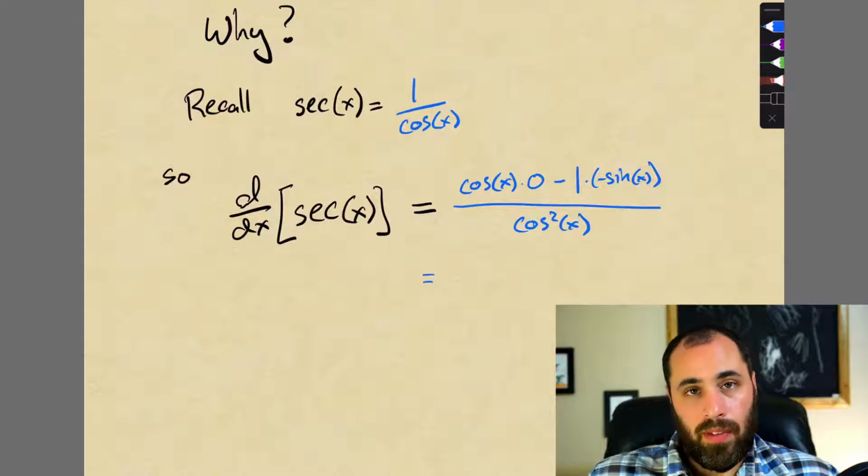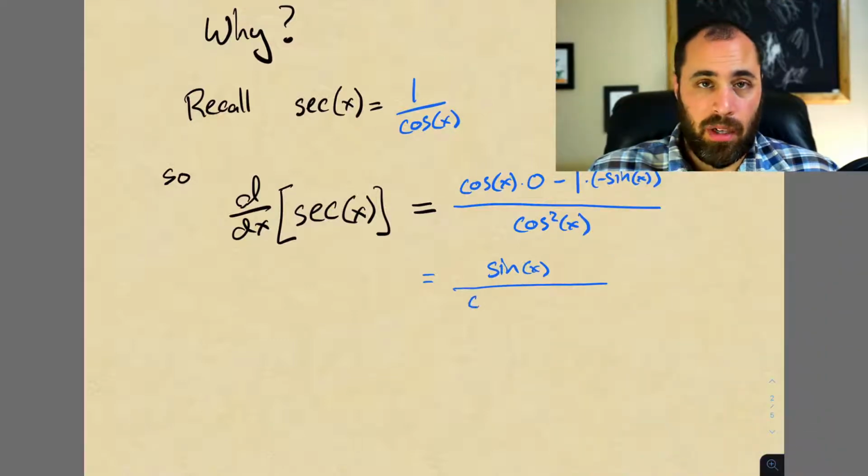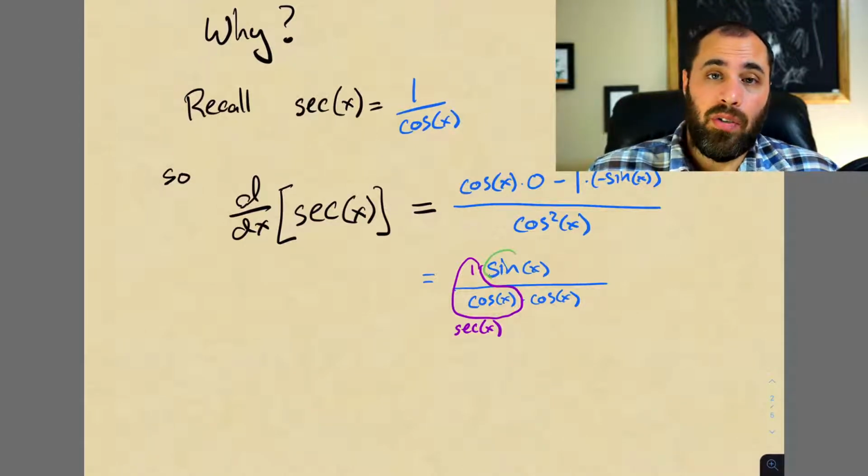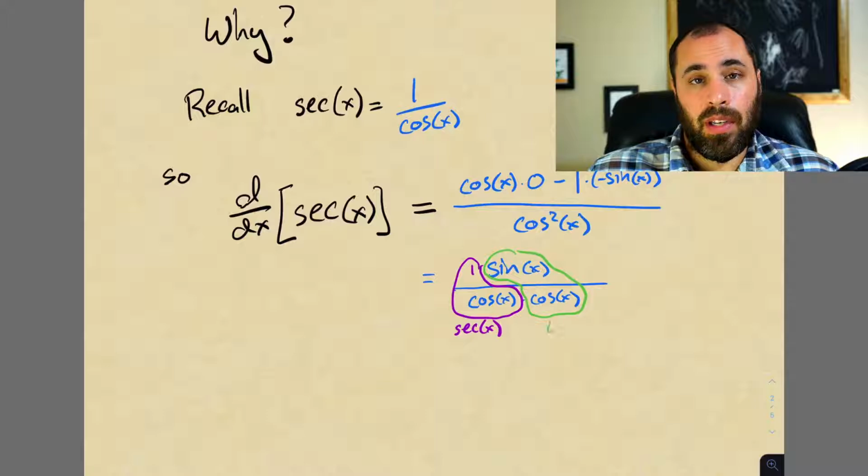We have that the derivative of 1 over cosine is sine of x over cosine squared. We can split up that cosine squared to be cosine times cosine. Then we can recognize this as the product of two fractions, 1 over cosine x, also known as secant x, and sine over cosine x, also known as tangent x.